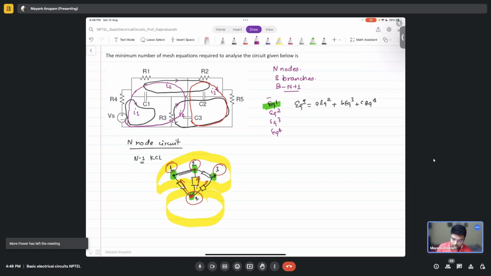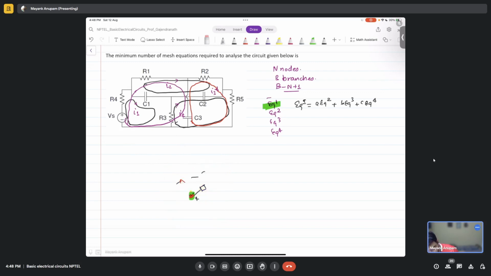When you add any 4 of these, you will get the 5th one. So these are not independent, they are dependent on each other. Fine.